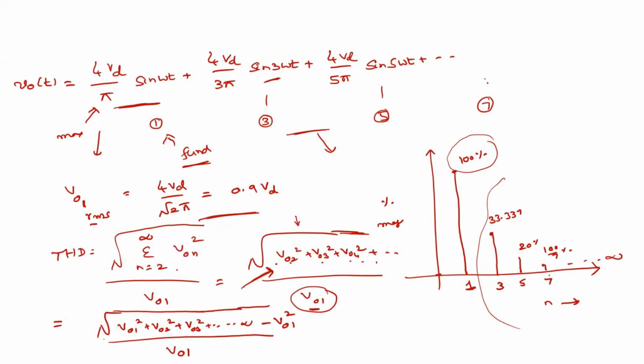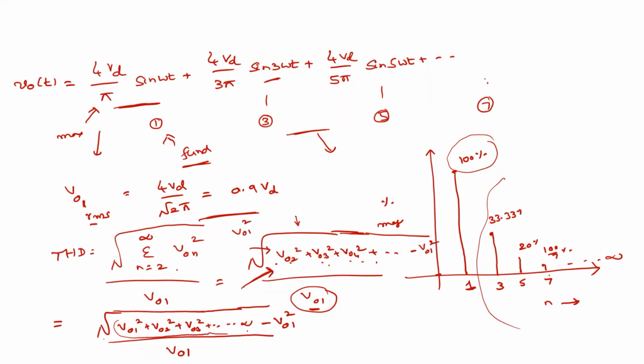Understood? This is the numerator. Under the square root I added V01 square and also subtracted V01 square. So what is the entire sum of V01, V02, V03 square?